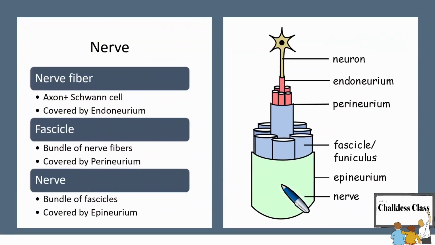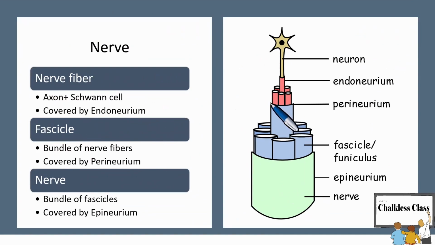Now, let us try to understand what a nerve is. This is a neuron. It is the axon. The axon with Schwann cells is called a nerve fiber. This nerve fiber is covered by one endoneurium. Such nerve fibers are arranged in the form of a bundle that is called a funiculus or fascicle.